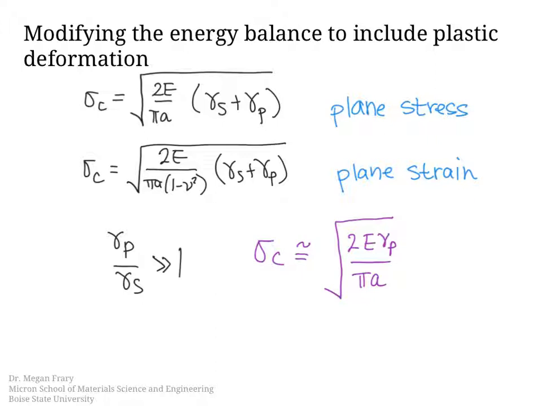So you'll notice here that now we have the plastic work done in the equation instead of the surface energy, but still we have these material properties over here, we have crack geometry down here, and we have this critical stress at which the crack will propagate.